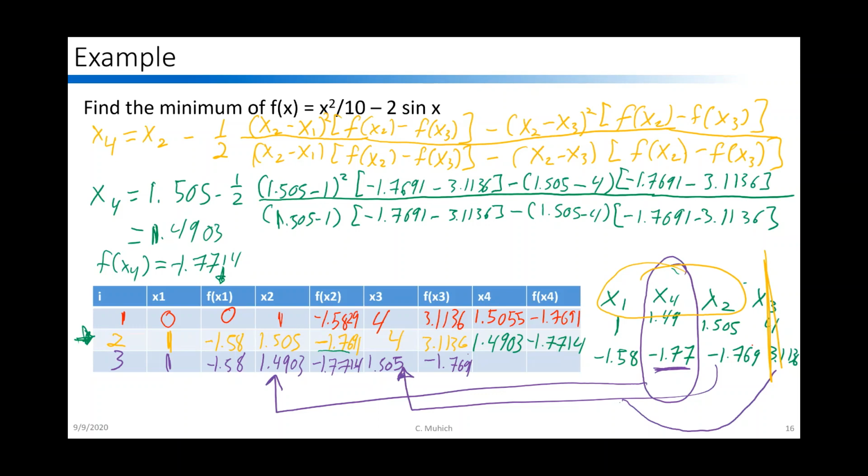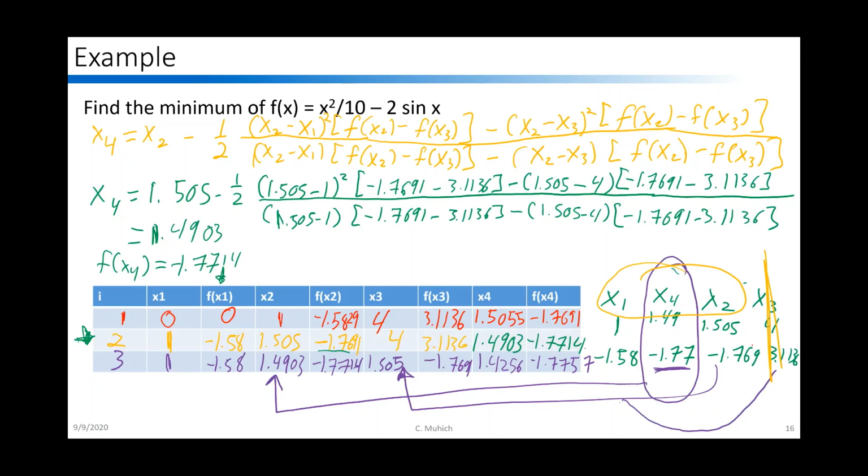I'm going to cut to the chase a little bit and put in our final values of 1.4256 and that optimal value of negative 1.7757. So what you should hopefully see is, using this parabolic interpolation, by that second iteration, we're almost there.